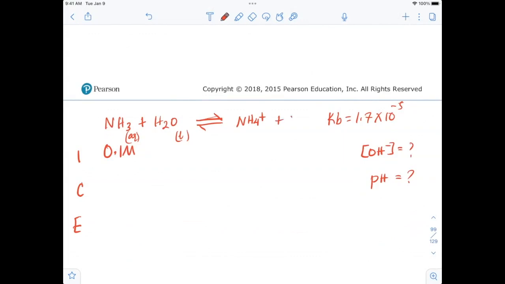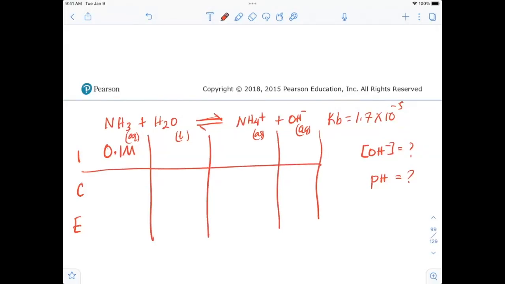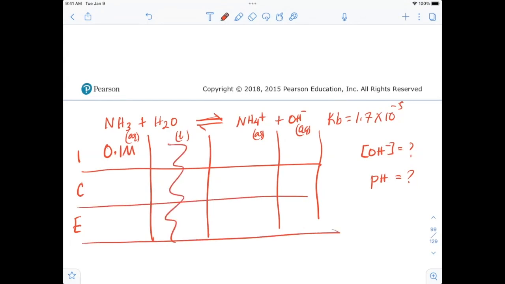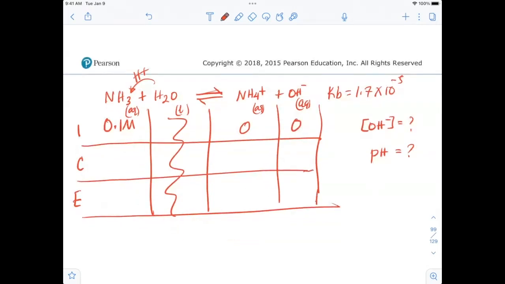NH4 plus, OH minus, aqueous, aqueous. So I'm going to draw my vertical lines here to mark these. Ignore this part. This is taking the hydrogen ion to form that, okay? Initially, we have nothing here. Then from here, what do we have?